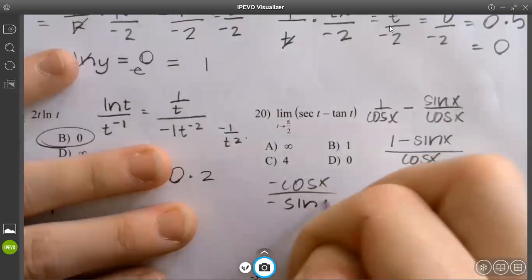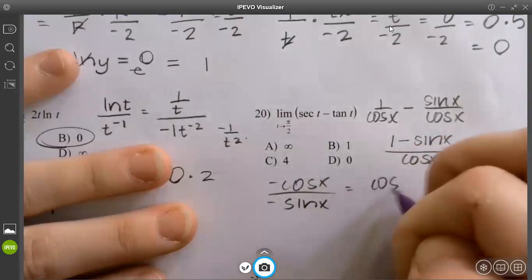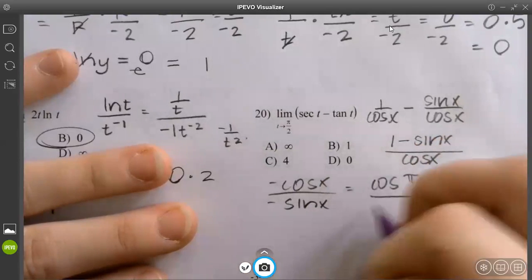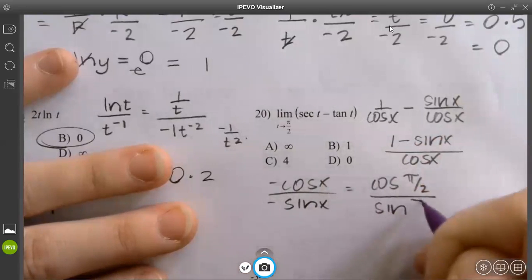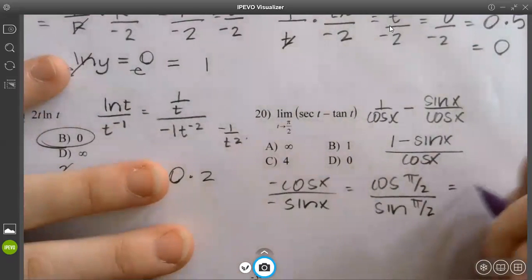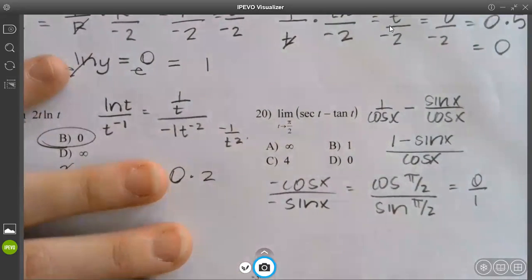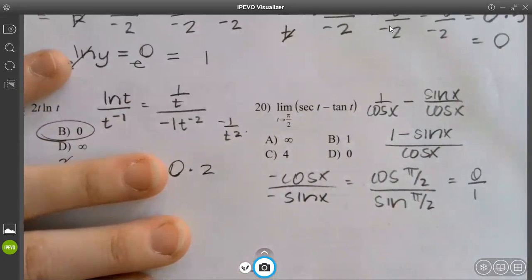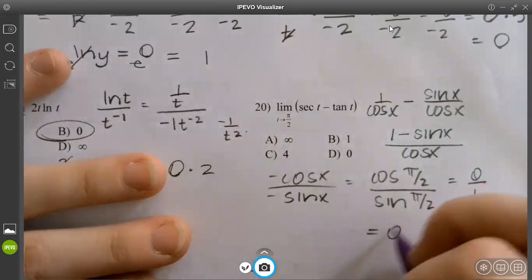Good. And then we're going to plug in pi over 2. Negative over negative makes a positive, so I don't have any negatives anymore. Cosine pi over 2 is 0, sine pi over 2 is 1, which gives us 0.